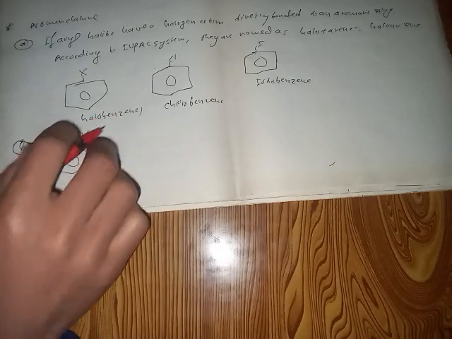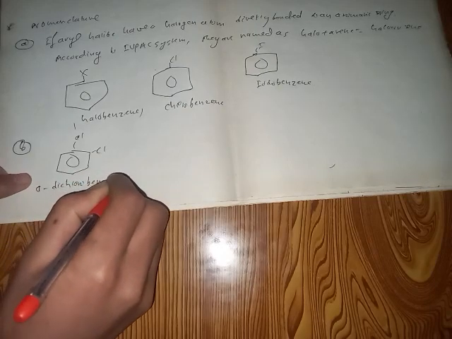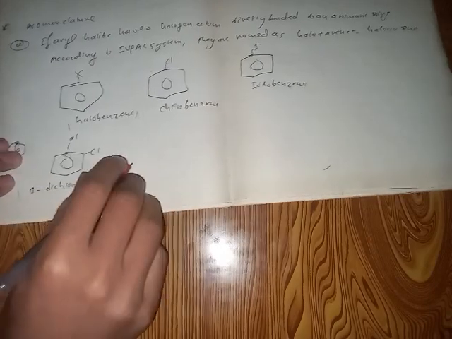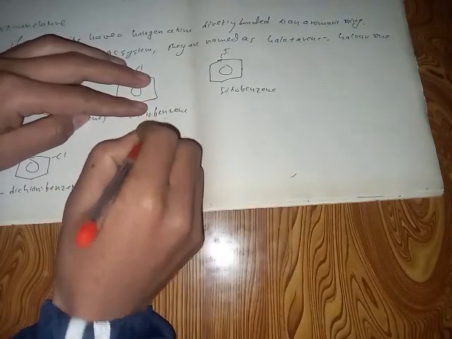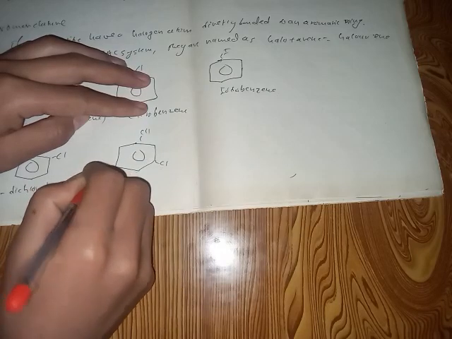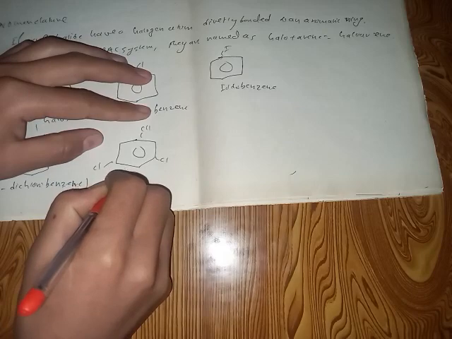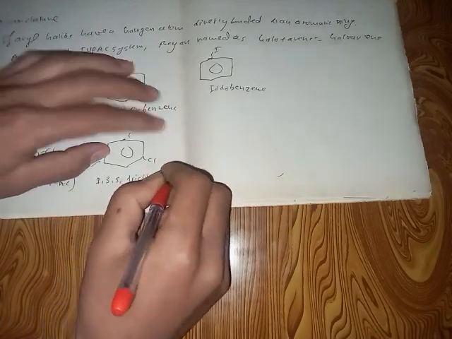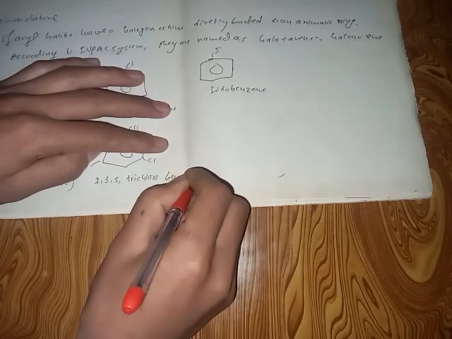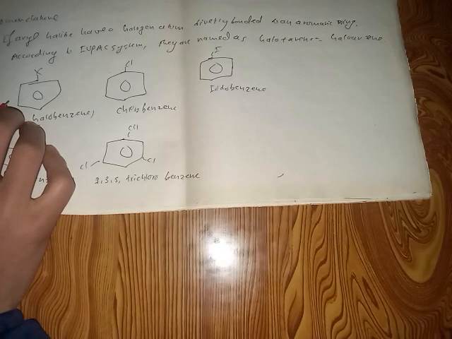Another compound has three chlorines, and the name of this compound is 1,3,5-trichlorobenzene.